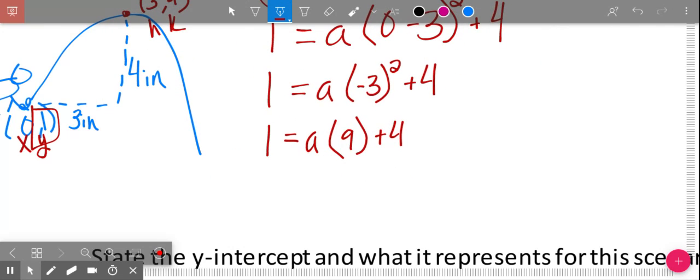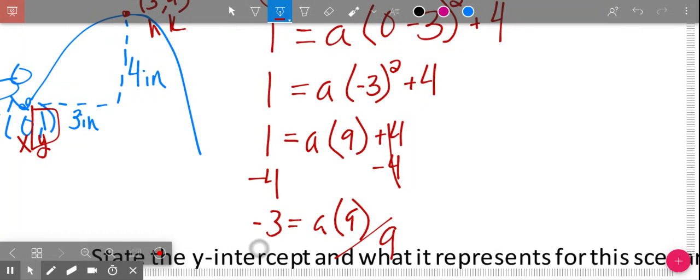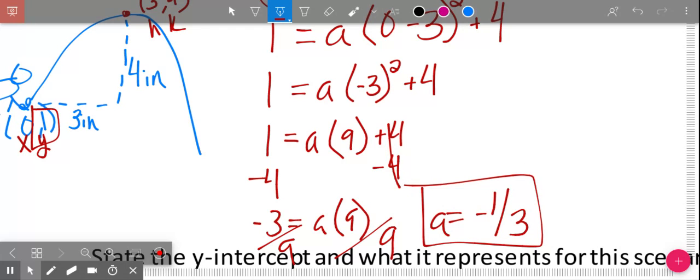We're still solving for the a value, so we subtract the 4 from both sides. 1 minus 4 gives me -3 is equal to a times 9. Now we need to divide out the 9. -3 divided by 9 reduces to -1/3. So my a value is going to be equal to -1/3.